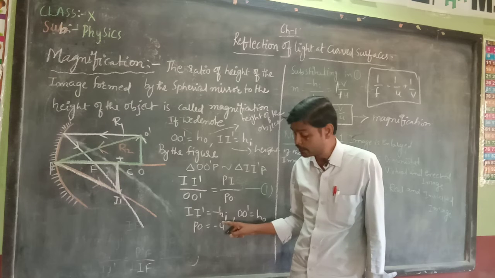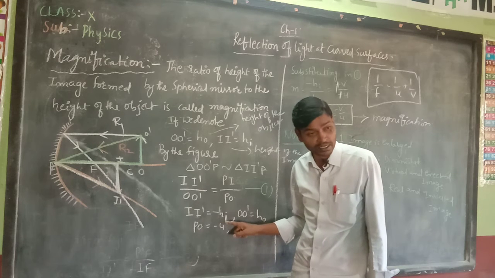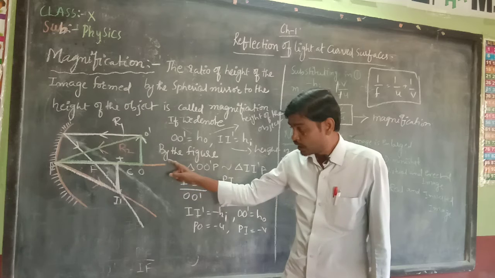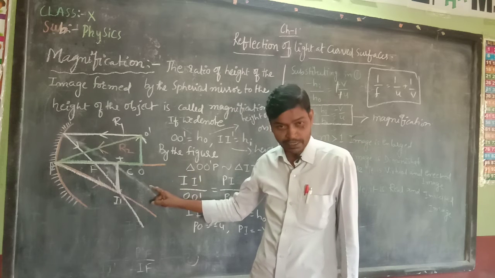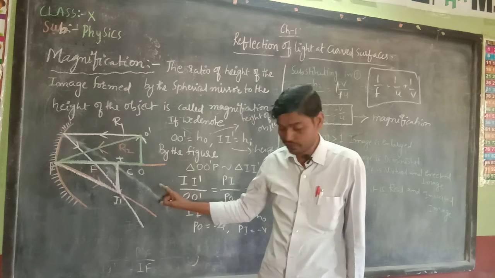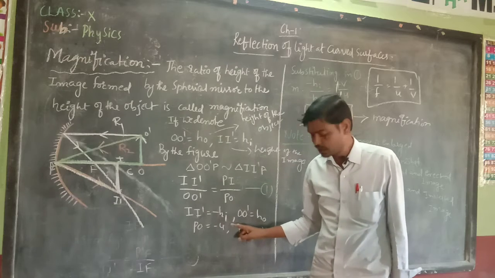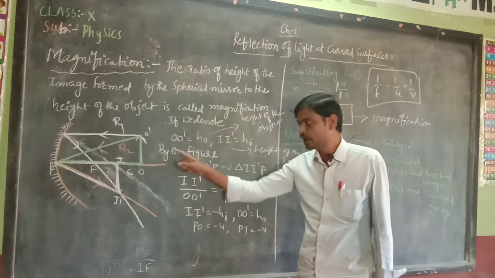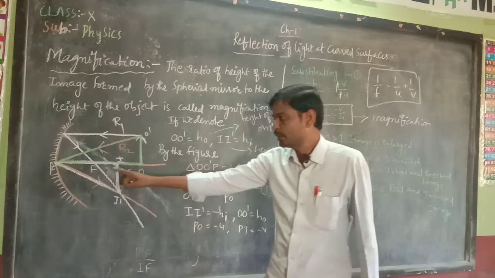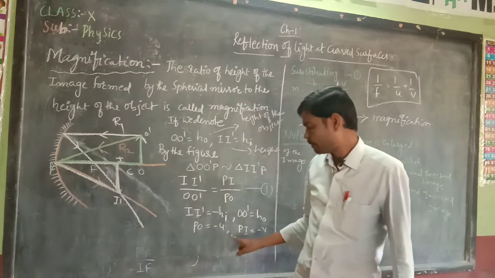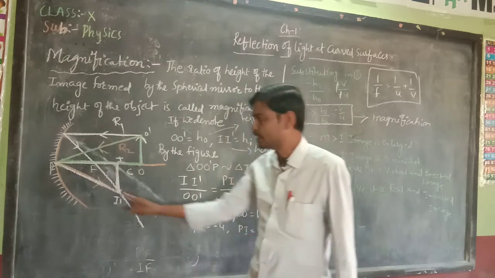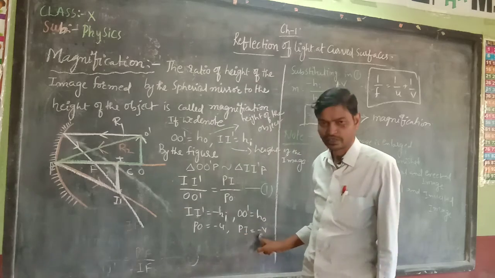Once again I am reminding you why we take minus Hi: the height measured below the principal axis is always taken as negative. That's why minus Hi. O dash is equal to Ho, Po is equal to minus U, and Pi is equal to minus V.